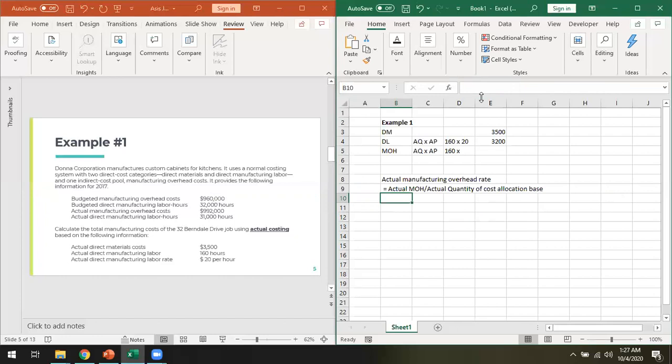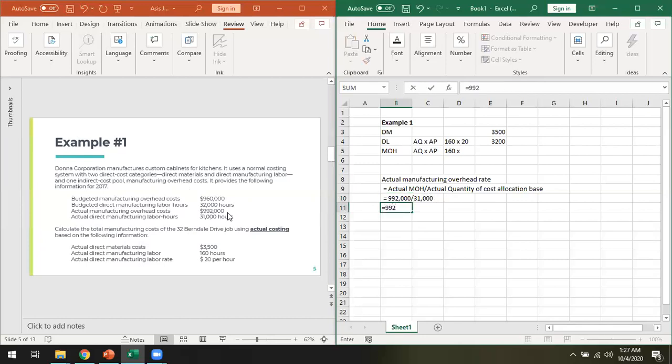Okay, the actual manufacturing overhead is $990,000 divided by the actual quantity of cost allocation base, or the actual quantity of direct manufacturing labor hour, in this case is 31,000 hours.